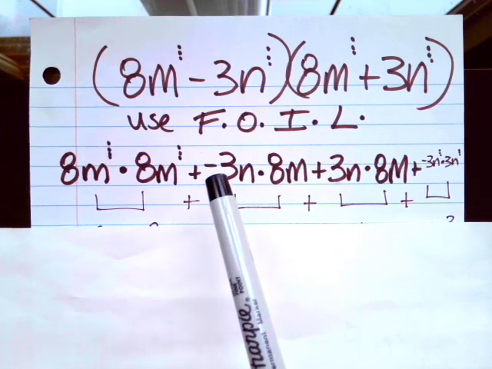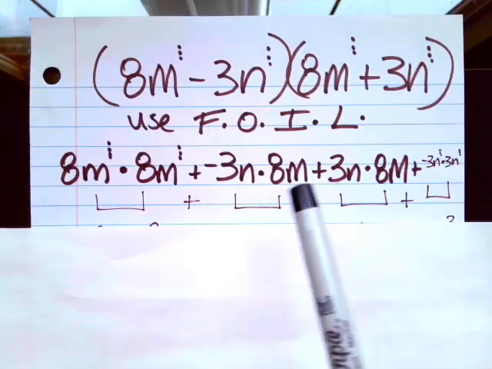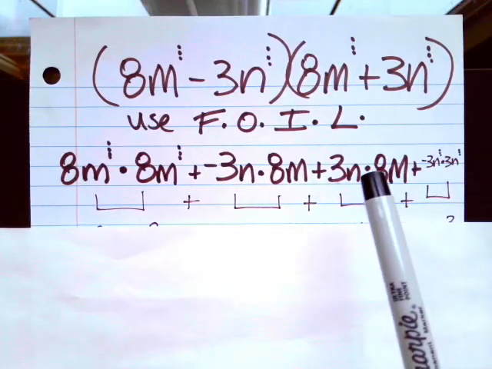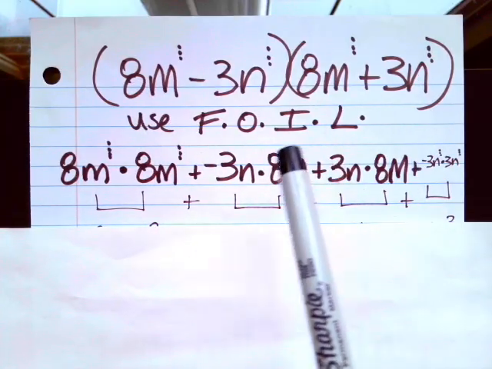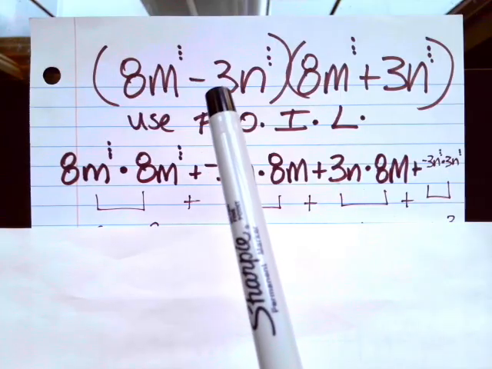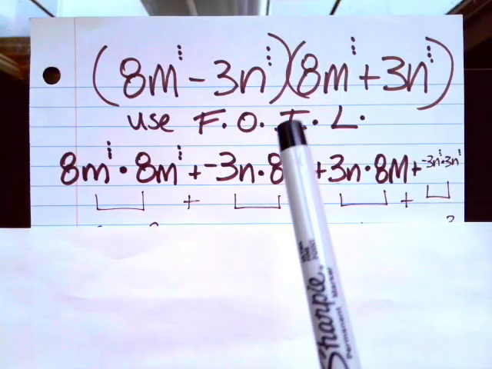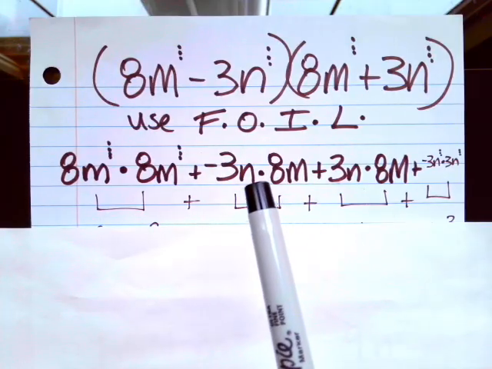This should be a positive 3n, and this should be the negative 3n, but since I've inversed them, we're okay. We're still in good shape. So 8m times a positive 3n, I'm showing you right here. And then we multiply the inner term, negative 3n times 8m, which is right here.